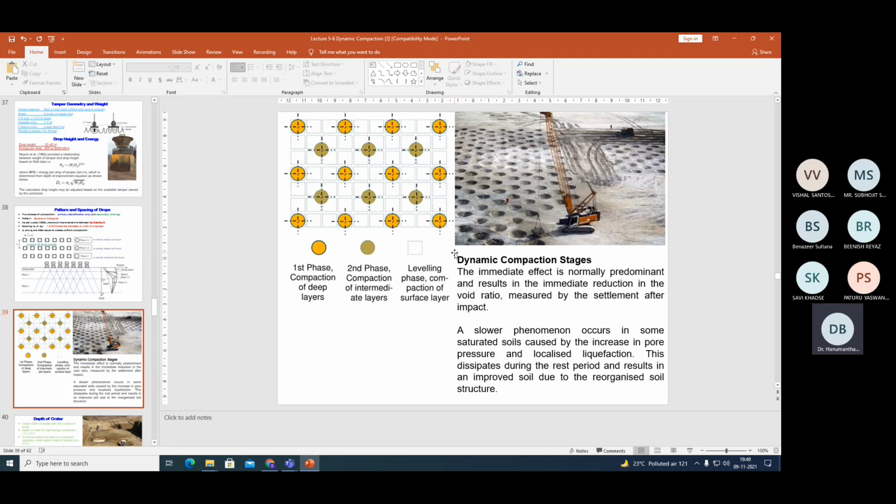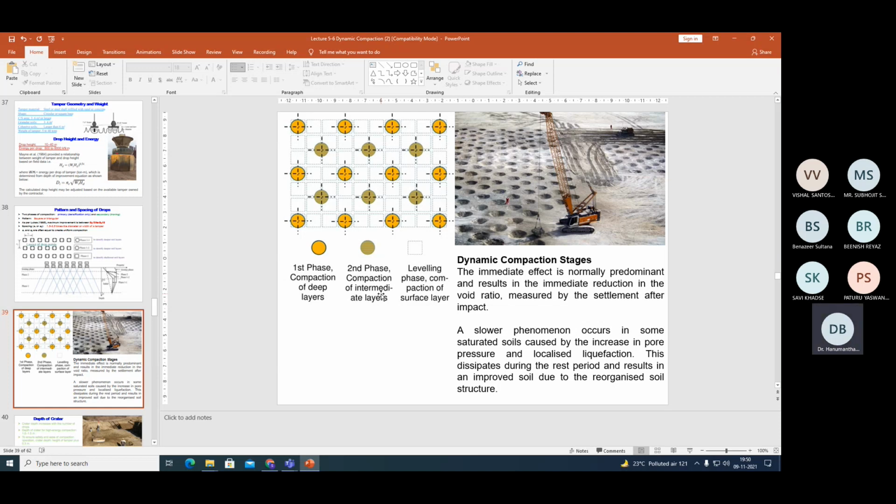Now this clearly shows the first phase, compaction of the deep layer, second phase, compaction of the intermediate layers, and third phase, the leveling phase, compaction of the surface layers. You can easily understand that when I have compacted the soils at the deeper and intermediate layers, the top soil gets very loosened.